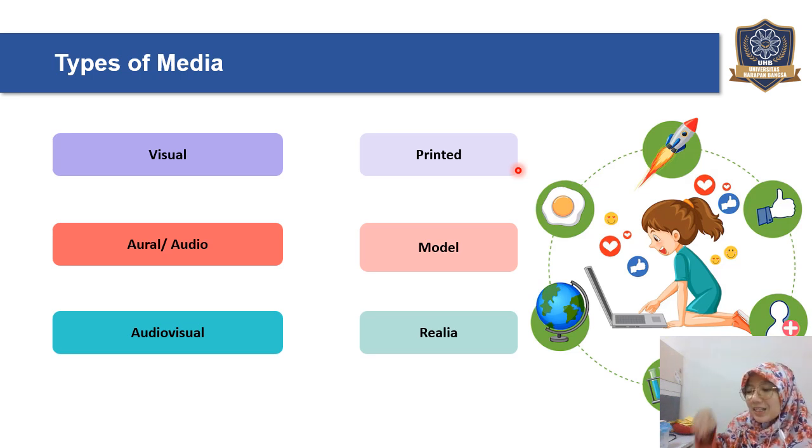Model is the imitation of the real things or the smaller version of the real things. So model is something like the real one, but it's an imitation. So we can bring it into the classroom safely.